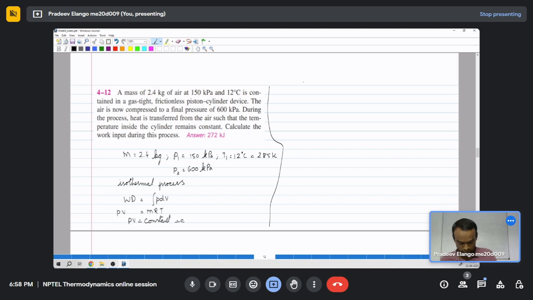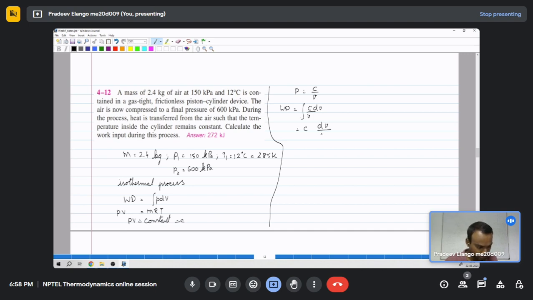Now volume is equal to this constant by pressure. I think it will be something like ln V2 by V1. I will find it. Work done is equal to, pressure is equal to constant by volume. Then we will have constant dV by V. So this constant can be taken outside.